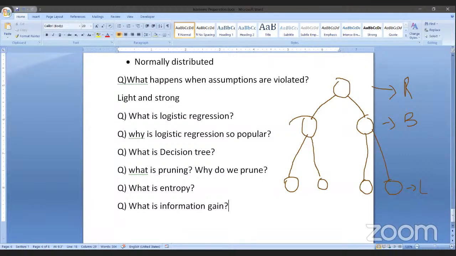For that decision, we use information gain, a measure of how much entropy is reduced by a particular feature when we use that feature to split the data. Whichever feature gives us the highest information gain is chosen to split the data.